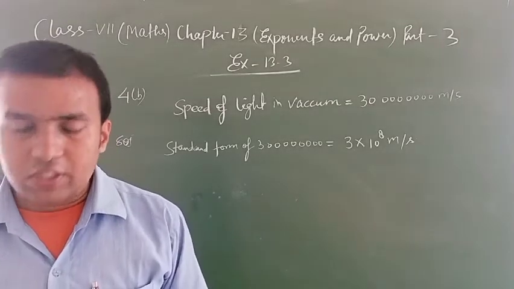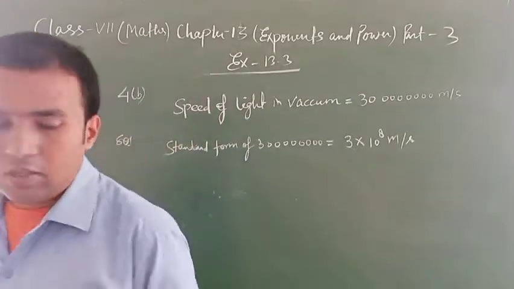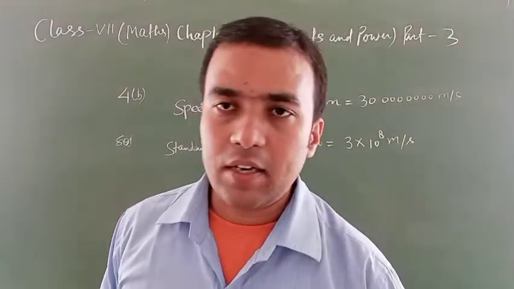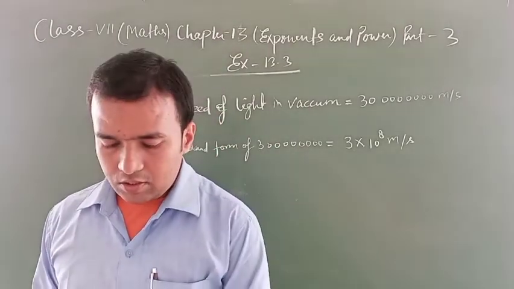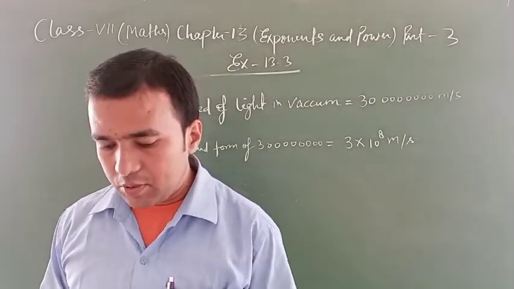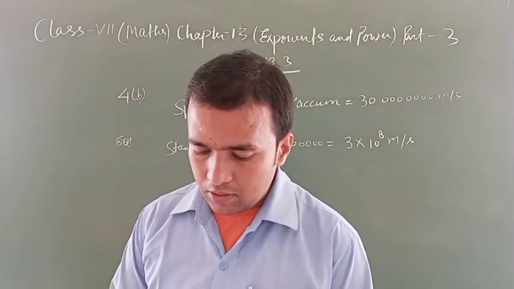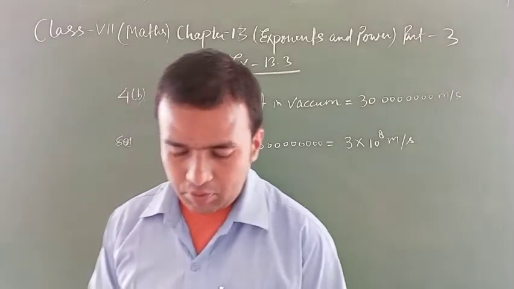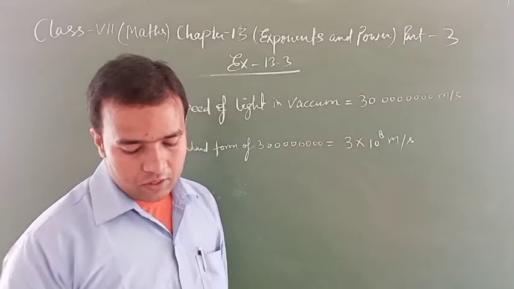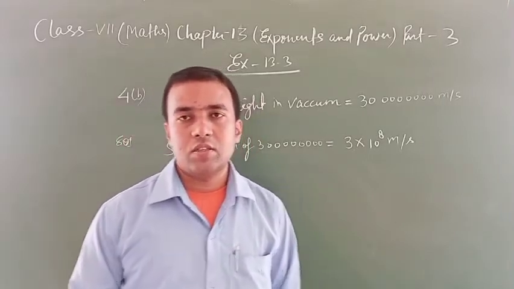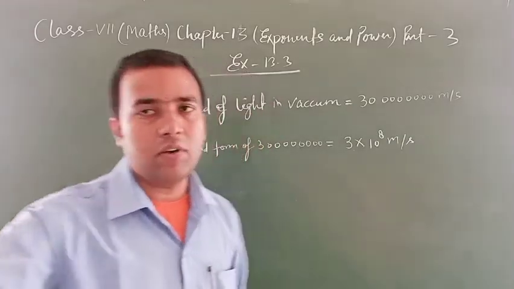So the speed of light is in standard form, okay. So exercise 13.3 is completed, only 4 questions are given. I told you this chapter is completed, there are only 3 exercises. Now in RS Agrawal, exercise 5a I told you, if you have seen the previous video you know very well. Exercise 5b: in the first question, express each of the following numbers in standard form.